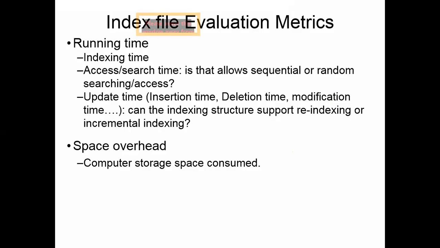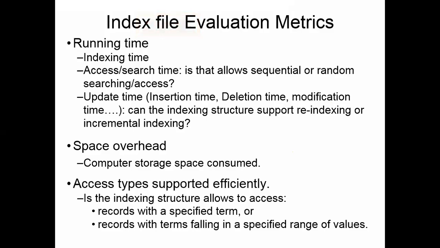Here also, in identifying the indexing structure, we have to see its running time in terms of indexing time, searching time, and update time. And also we have to see to what extent it can optimize the memory space required for keeping the index file.